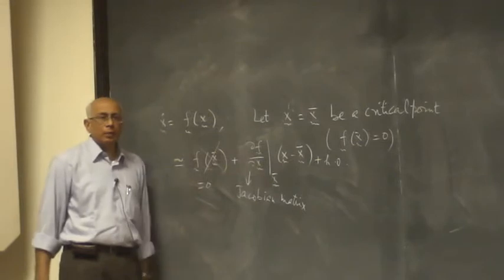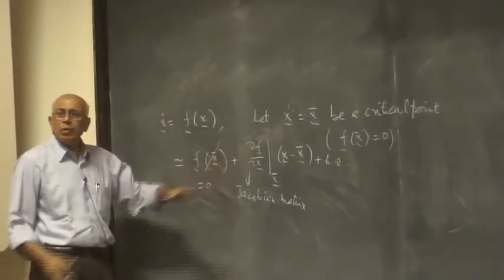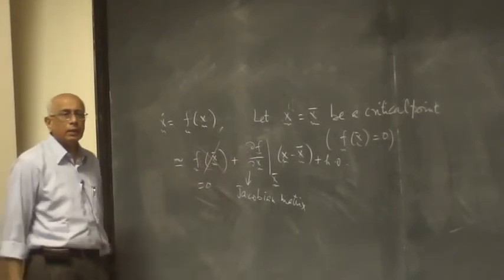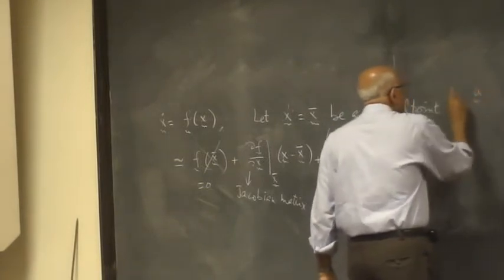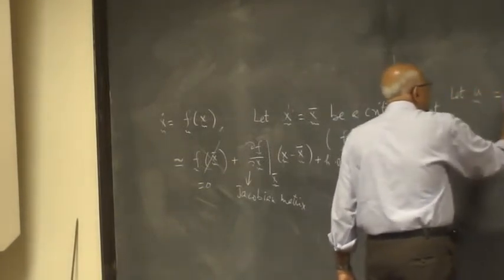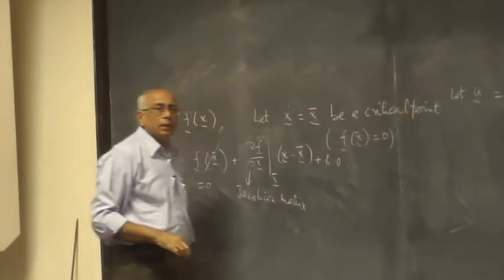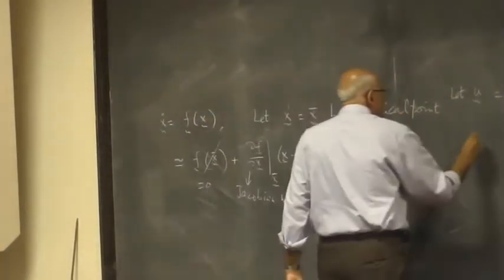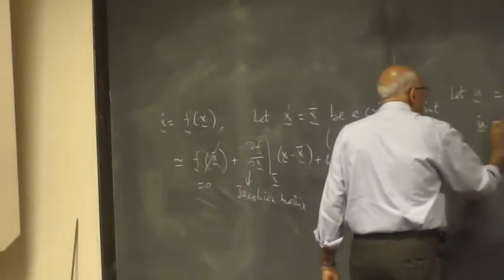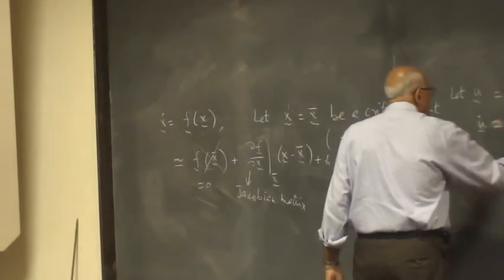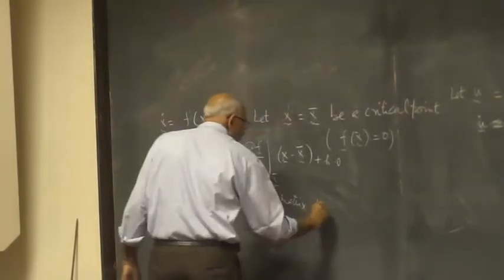So this is typically what happens. And if this is not 0, it's some constant matrix of some kind. So let's change variables. Let's put u equal to x minus x bar. Then this equation, to first order, becomes a completely trivial equation: u dot is approximately equal to L u.